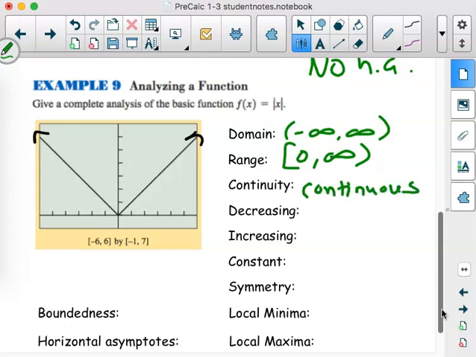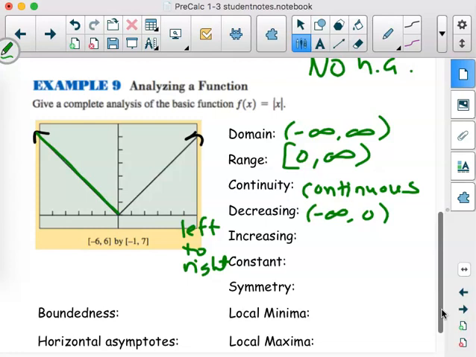Now, the decreasing, increasing, and constant, remember, is always left to right. So as we would read the graph, my marker would definitely be going down on the left-hand side. So negative infinity to 0, and with decreasing, increasing, and constant intervals, never use the square brackets.